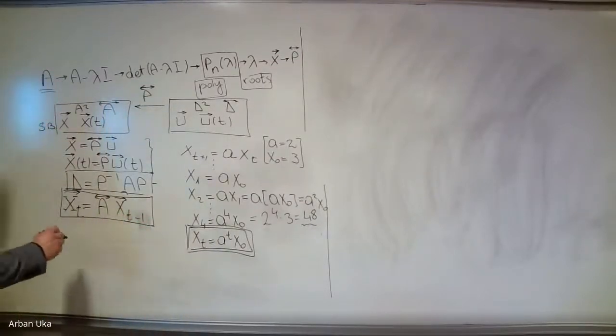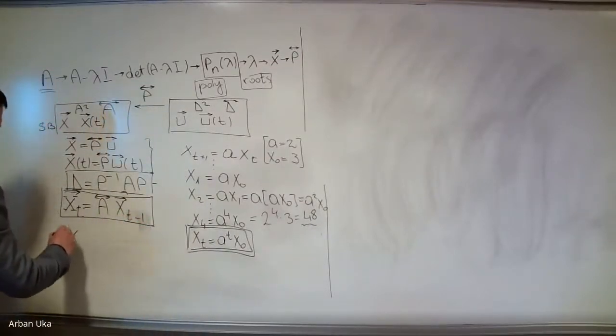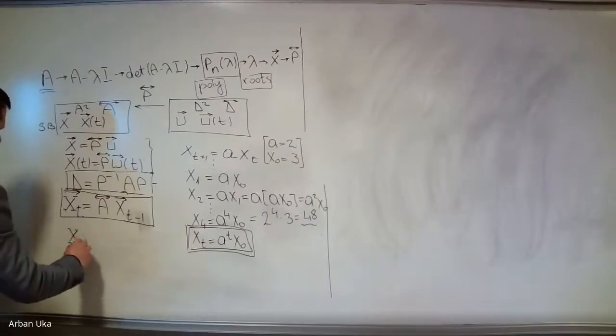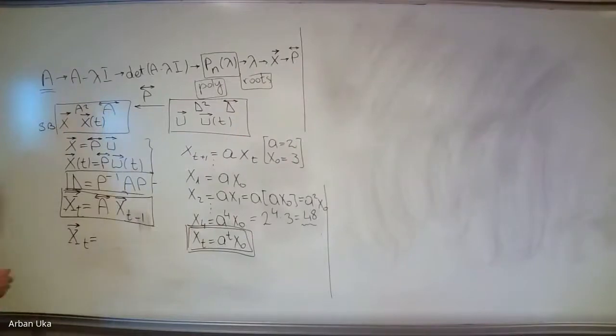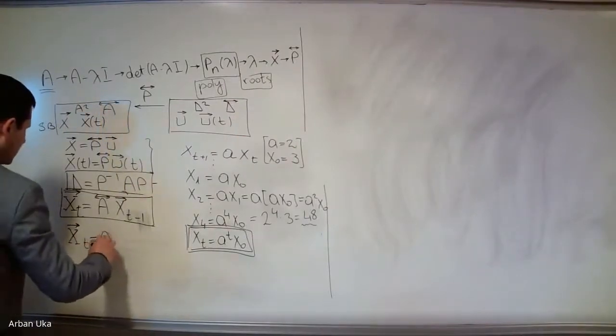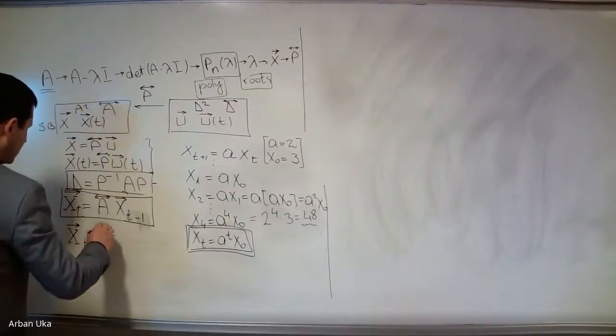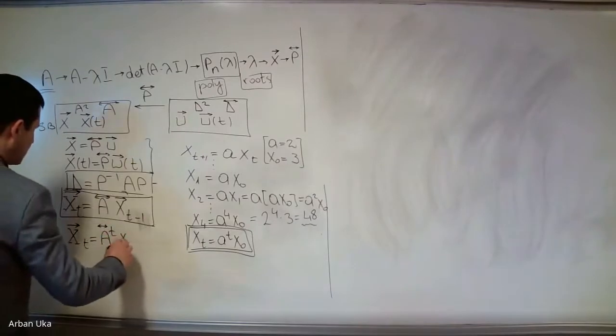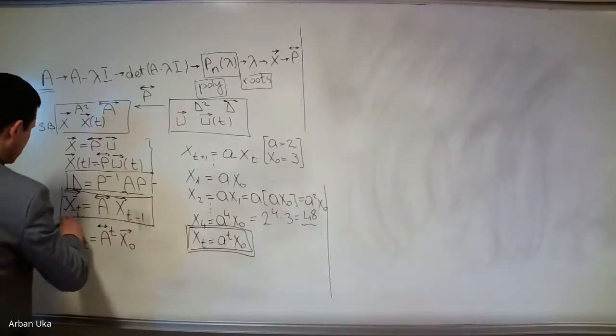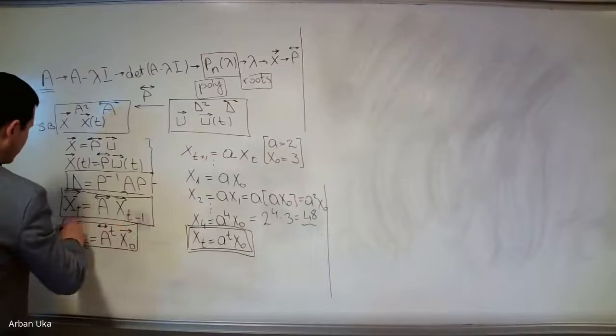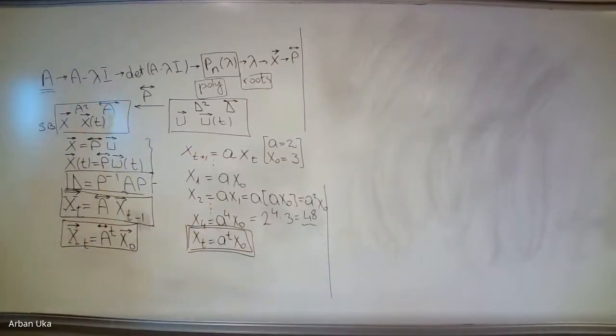Then, using similar arguments, we can say that any vector after a certain number of time steps can be written as A to the power t, where A is the matrix, times x0, where x0 is the initial value at the very first stage.